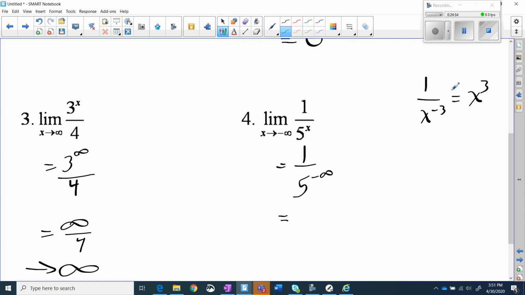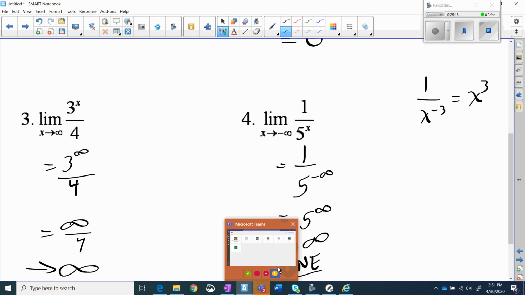Take the reciprocal, switch your exponent. This then is the same as 5 to the infinity. Well, if you take the number 5 and just keep raising it to large exponents, you're going to get an answer that just keeps getting bigger and bigger. Now, infinity cannot be an answer. It's not a number. So that just means that you're getting another scenario of does not exist.